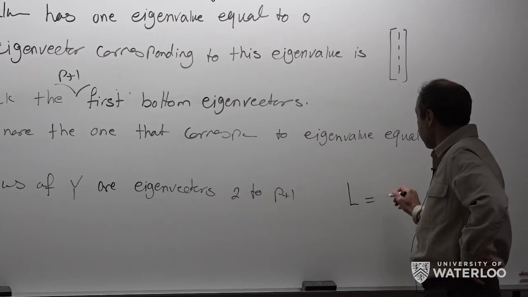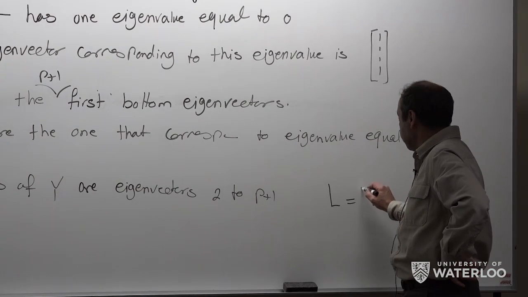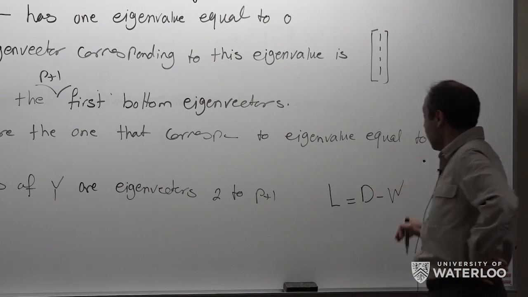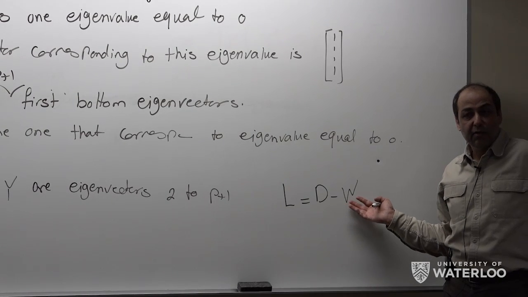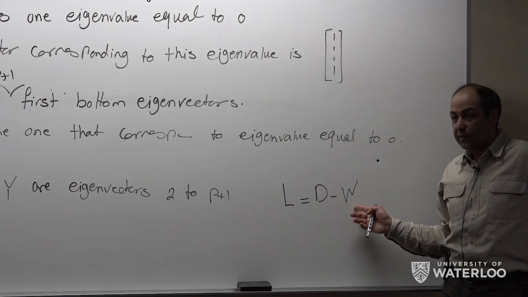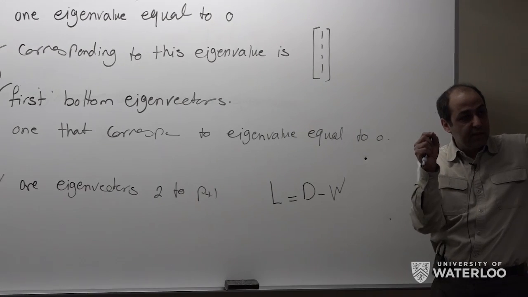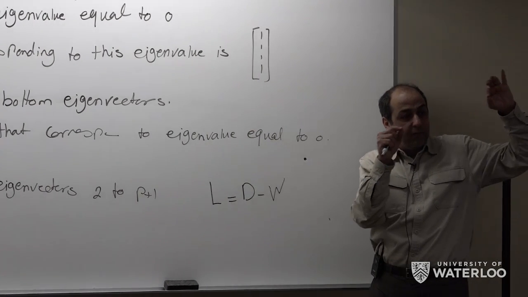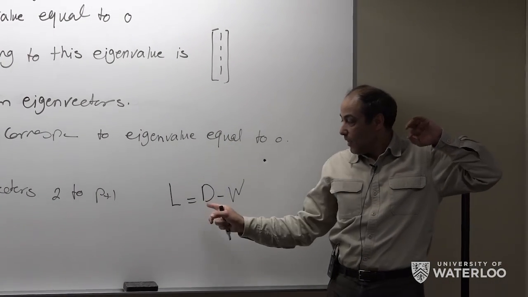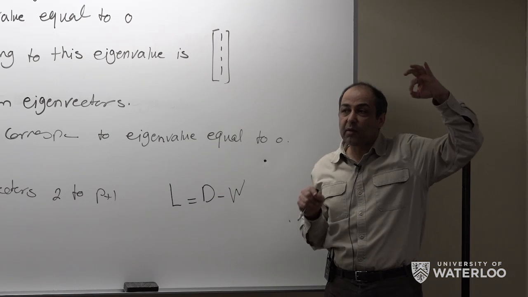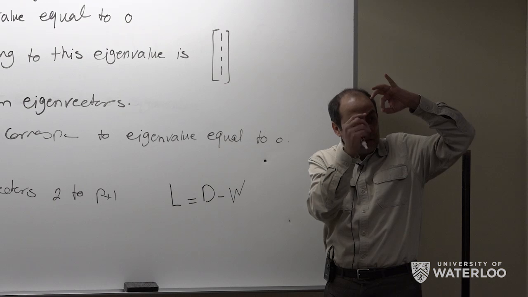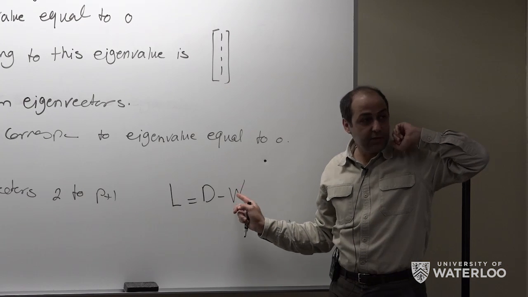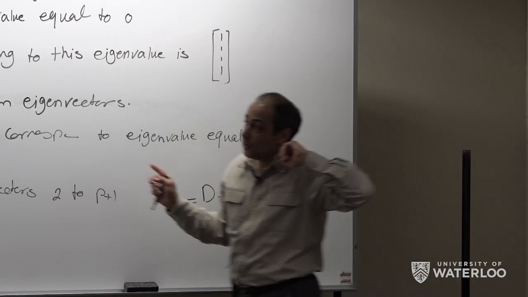Laplacian of a graph is basically D minus W. So if you represent your data as an undirected weighted graph, and W represents the weights of the edges of the graph, then D is a diagonal matrix such that each element on the diagonal is the summation of a row of W. That's actually what's happening here.